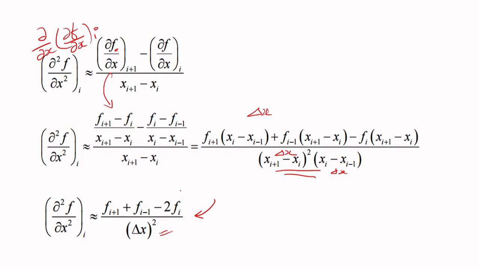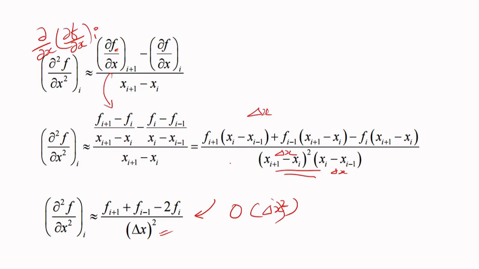So this is what we are getting for dou square f by dou x square by neglecting the order of delta x the whole square times.